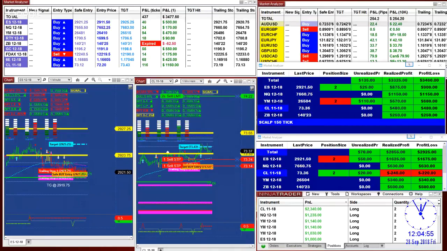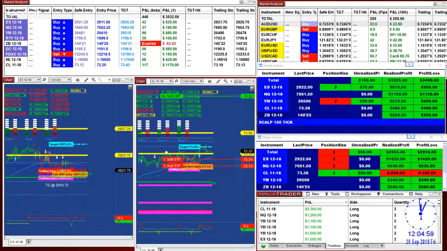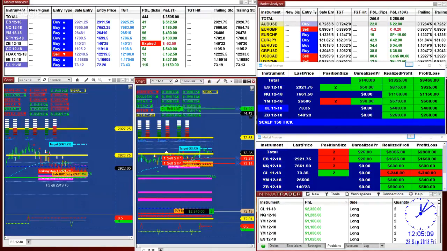If we are going short right now, that trade is going to be the rest of the day. So we're going to keep our eye on it. And the CL trade, we're still on 2340 on that trade on the CL.